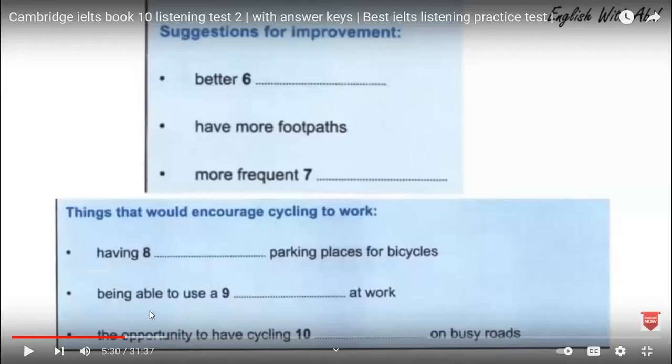The second is their accent. They are very fast. Yeah, of course. It's an exam. So in an exam, you have to face some problems, because an exam is always difficult for anyone.